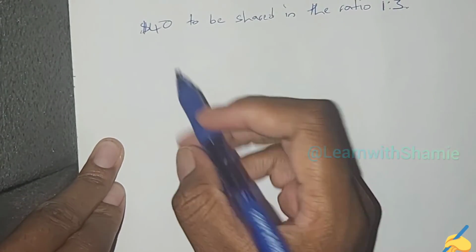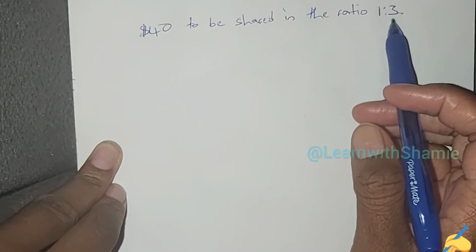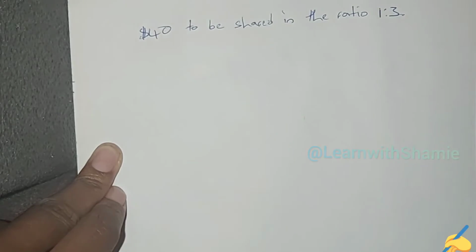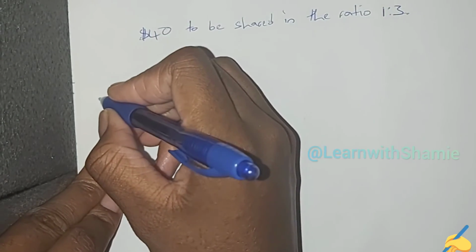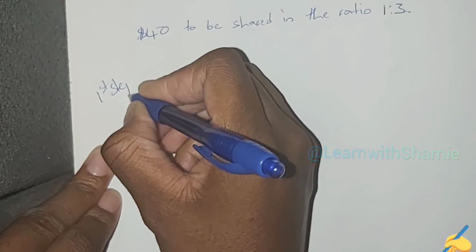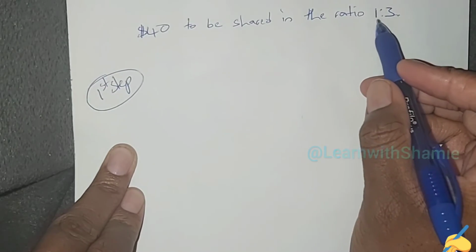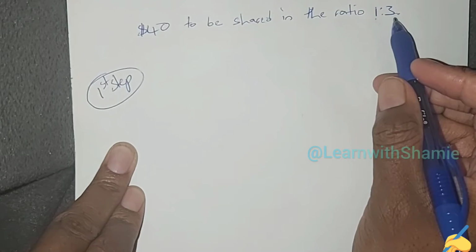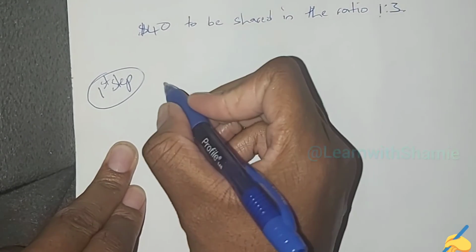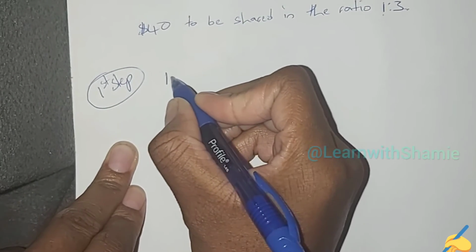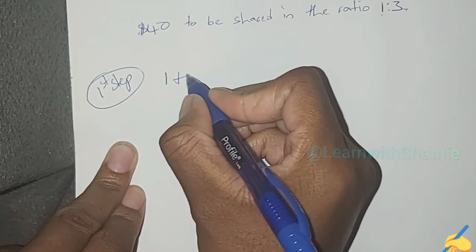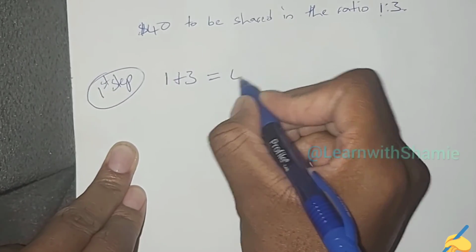So we're going to share $40 in the ratio 1 to 3. The first step in calculating ratio is that we're going to calculate the total number of parts the ratio contains. So the total number of parts would be 1 plus 3, which is equal to 4.